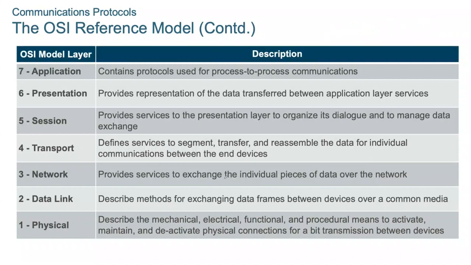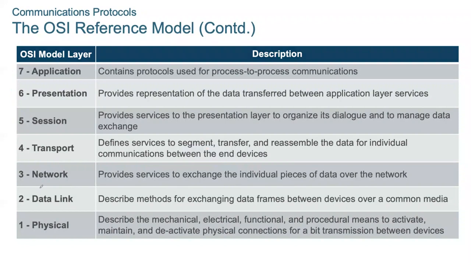And the transport layer defines services for segments. Whatever PDUs come from the upper layers are divided into segments, and these segments are transferred through the network devices and the internet. At the destination side, all these segments are reassembled into the data for individual communication between the end devices.